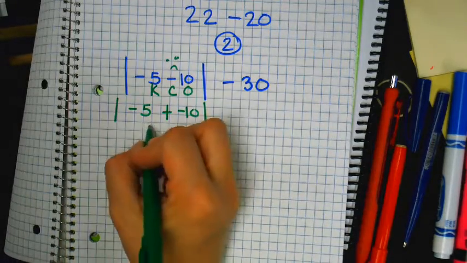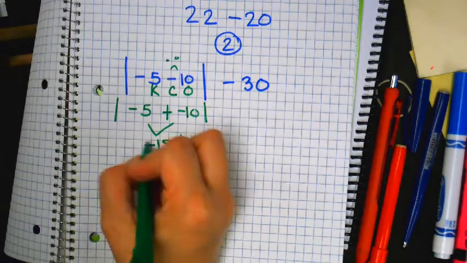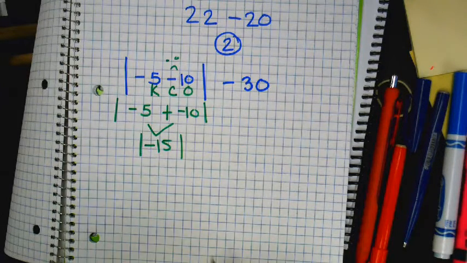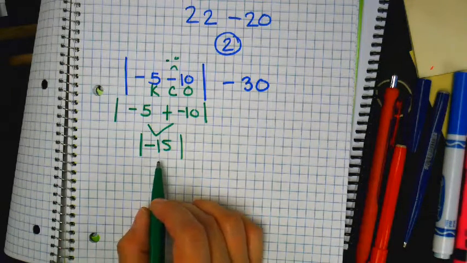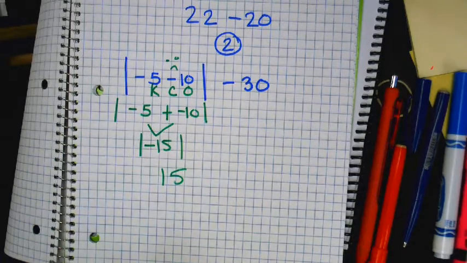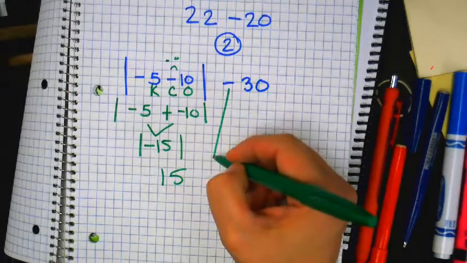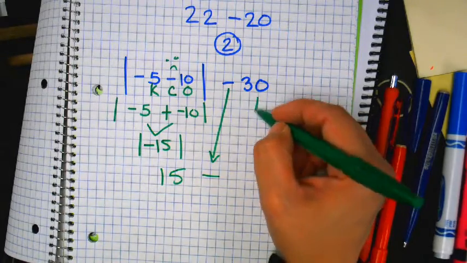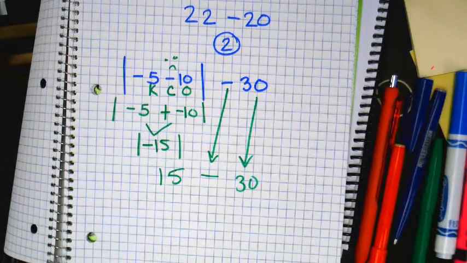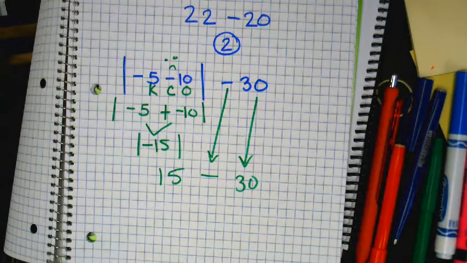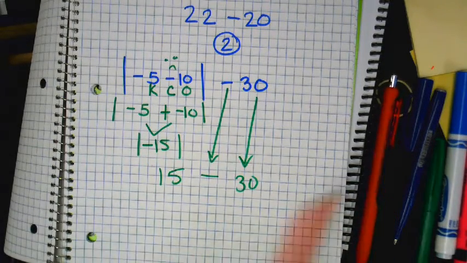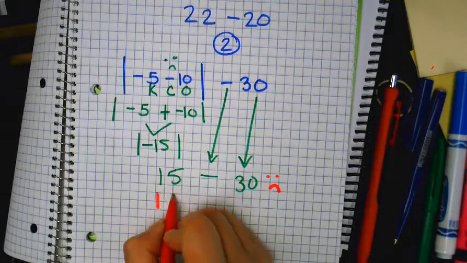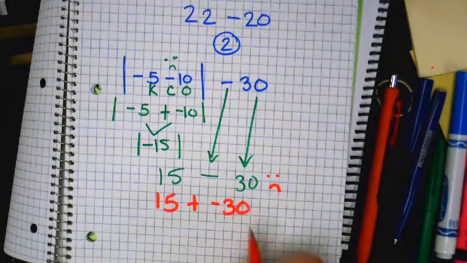So this gives you negative 15 in the bars, right? What is the absolute value of negative 15? 15. Then this subtraction, bring it down. This 30, does it have bars? No. Just 30. 15 minus 30 makes me sad. 15 plus negative 30 makes me happy.